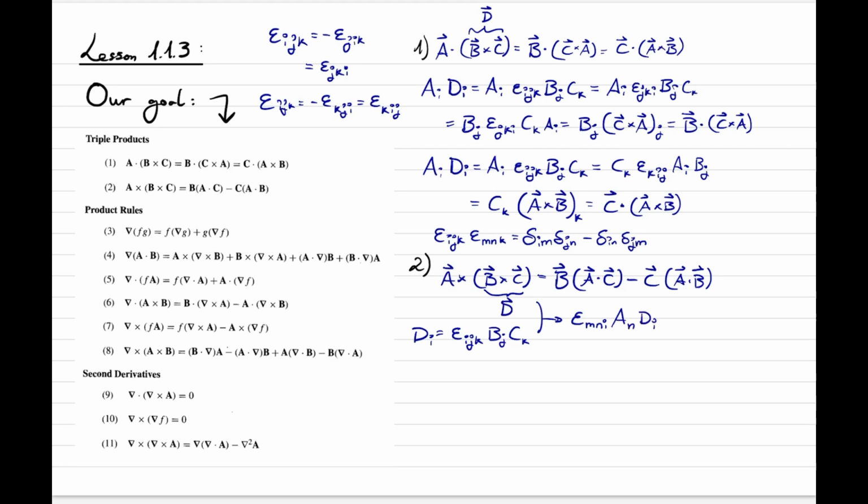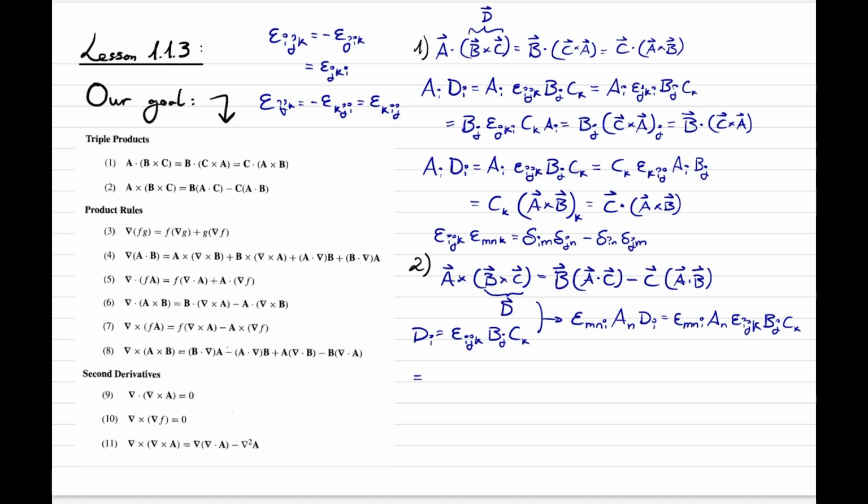So this is the cross product of A with D, but now we know that D is this thing, so we are going to substitute it in: epsilon mni an, and now epsilon ijk bj ck.